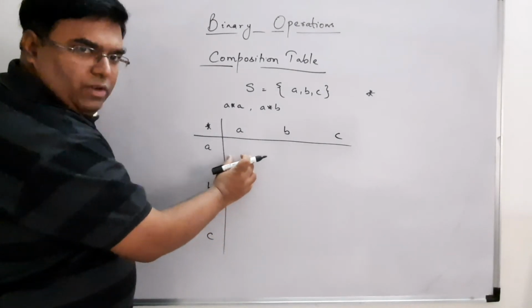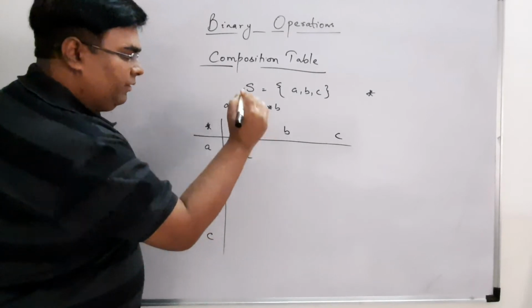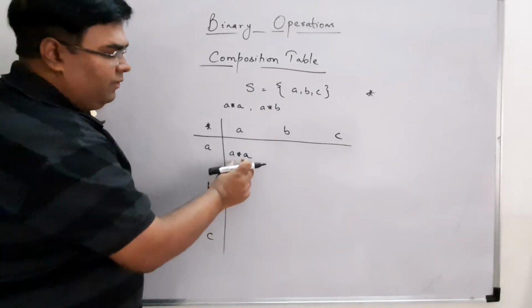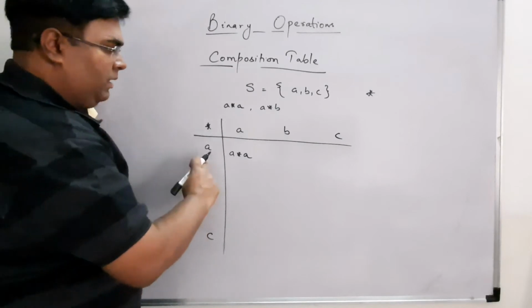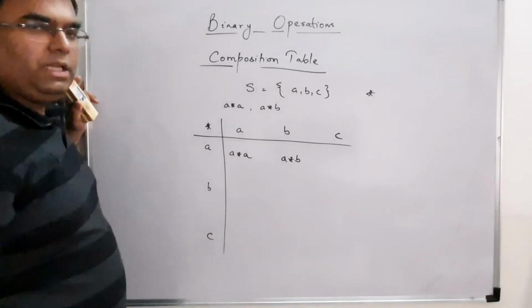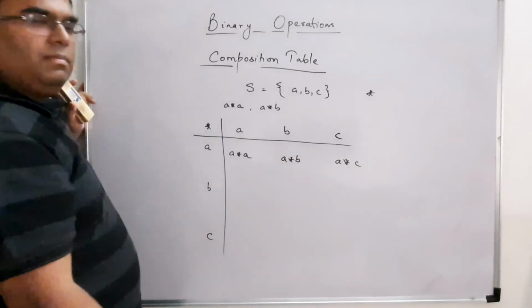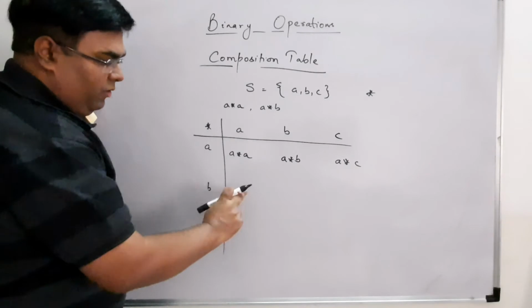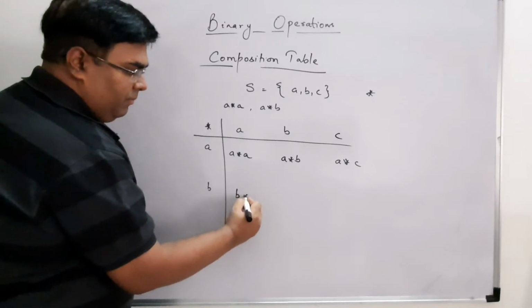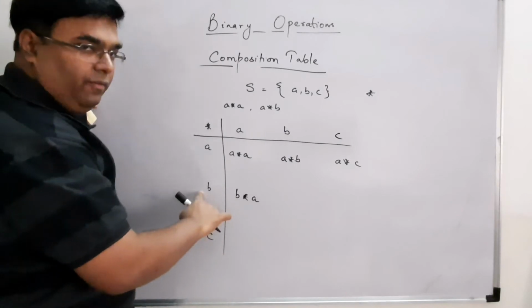Now what will happen? In the first row, first column, I will get A star A. What will be the value of this operation? Then in the second column of the first row it will be A star B. Similarly, it will be A star C. Second row, first column will be B star A, because we are operating from here now.